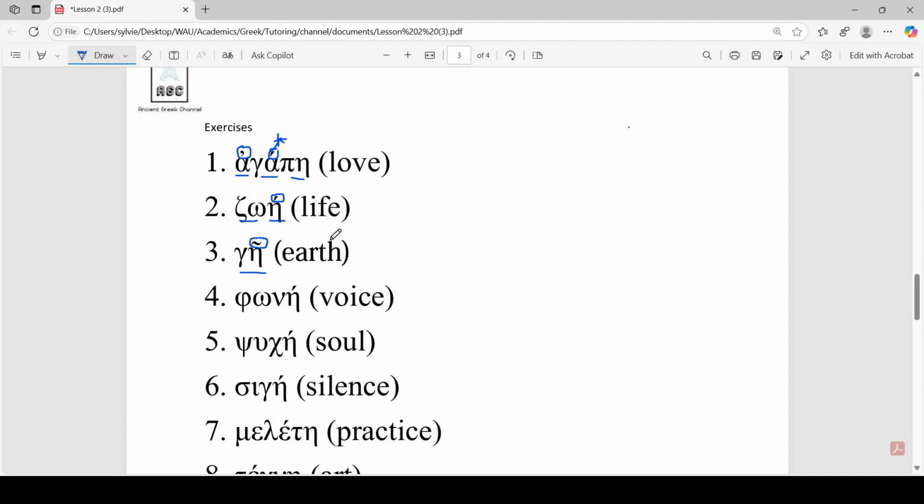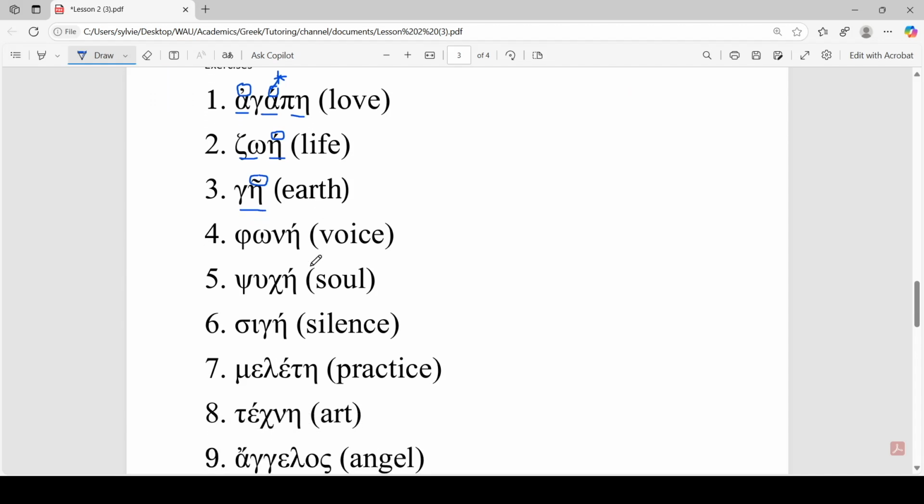There is no real difference in the pronunciation of accented syllables from different kinds of accent. Whether it is an acute, grave, or circumflex accent, the accented syllable will still have a higher tone in its pronunciation. So it's gonna be gay.